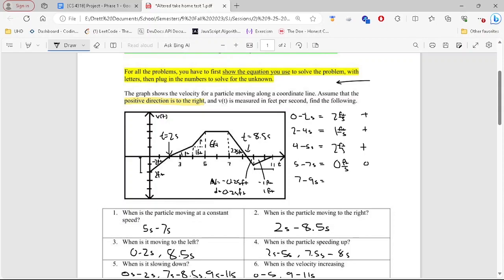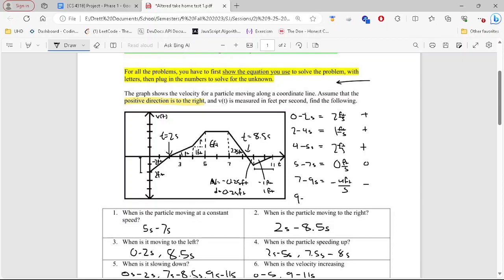At 9 seconds, the velocity is negative 1. So final minus the initial: negative 1 minus 3 will be negative 4 feet per second. The acceleration here is negative.